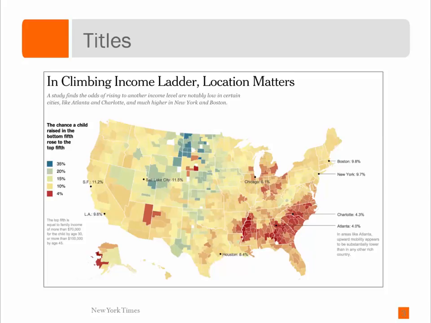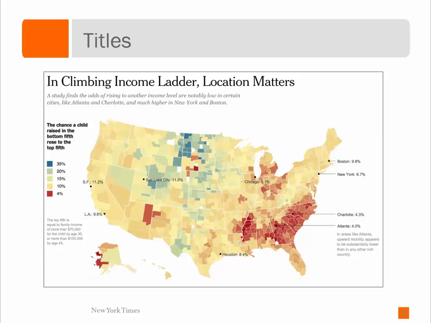Our scale here starts out at 4%, 10%, 15%, 20, 35, and basically works like this. For a child born in the bottom 20% of a particular county, what's the probability the child goes to the top? It could be 4%, and we'd tag it in red. So 4% of those in the bottom 20% go to the top fifth.